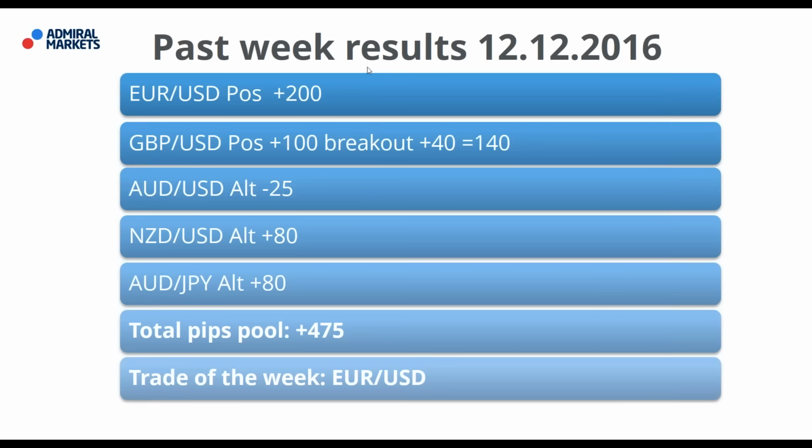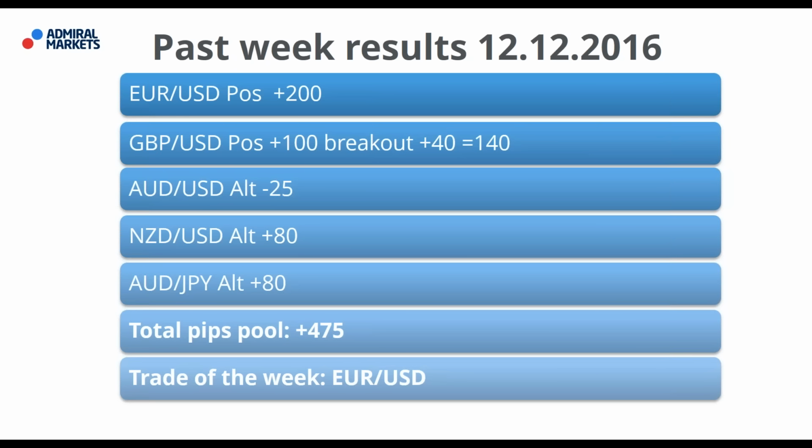These are past week results, and we can see that the trade of the week was definitely euro-dollar. 200 possible pips. Definitely euro-dollar went really in favor. We actually exploited a short setup on euro-dollar, and if you traded it, you could have made really huge amounts of pips.